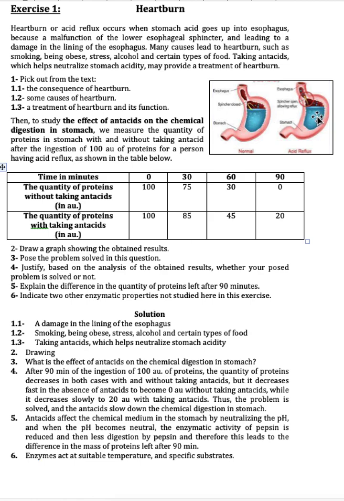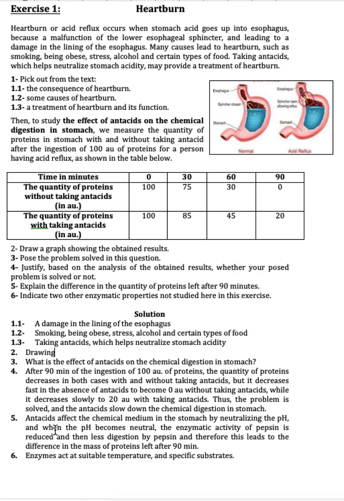So the gastric juice is not very acidic now, and in this case you know that enzymatic activity is affected by the chemical medium. Here we have pepsin as an enzyme. So pepsin needs pH 2. When the pH is not 2, we have a problem in the digestion.